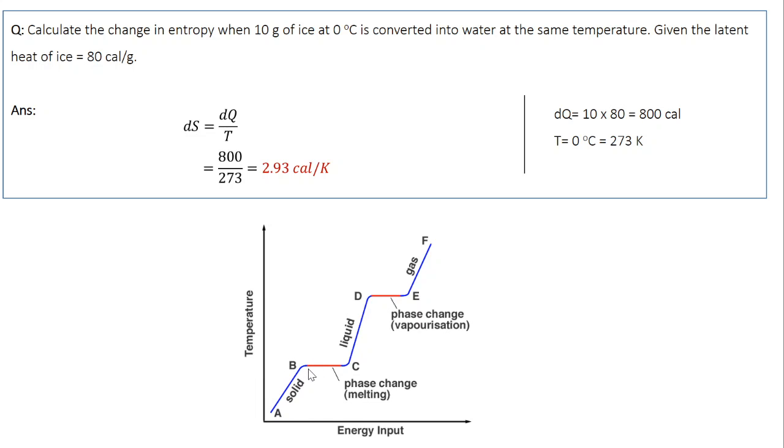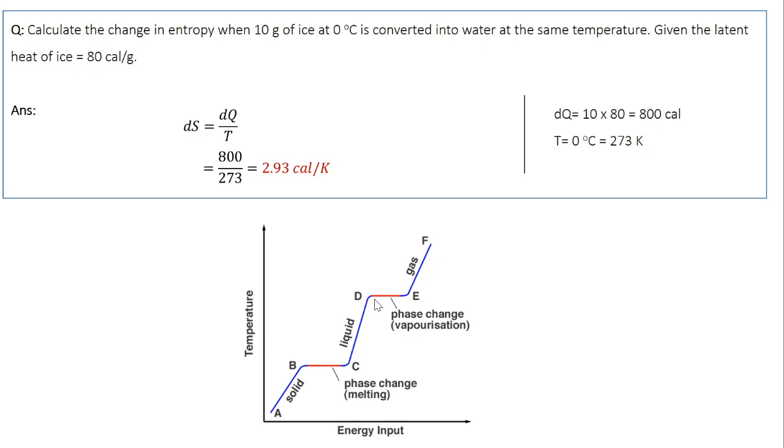Instead, the heat energy is used to change the phase from solid state to liquid state. Once the entire solid is converted from the ice state to water state, now when you supply heat energy, the temperature is going to rise again.